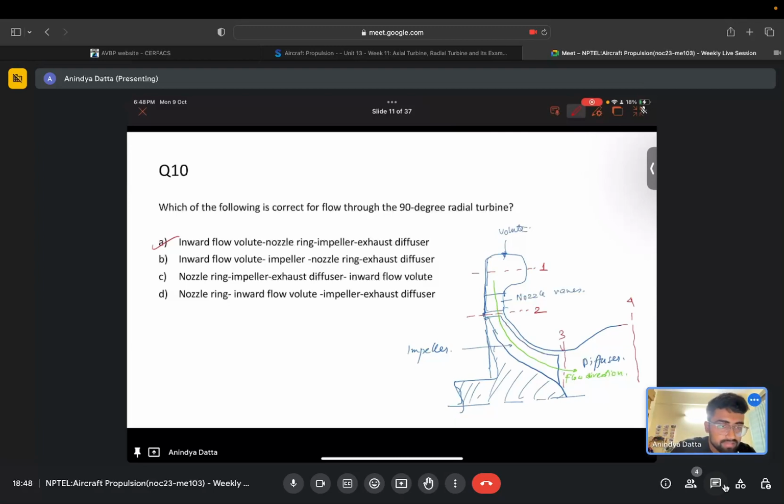In an axial flow turbine, first we have the nozzle and then the rotor blades. In a similar way, in radial turbines first we have the nozzle vanes, and then the impeller. The impeller is the rotor, with a series of rotating blades. So we have first nozzles, then the rotor, which is the impeller here. Okay, let's move on.